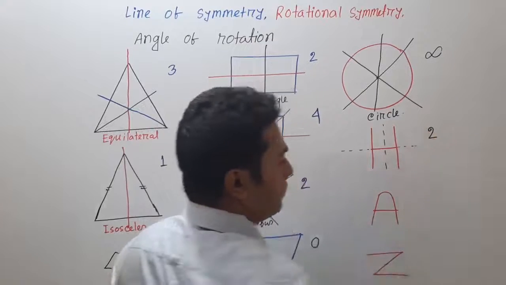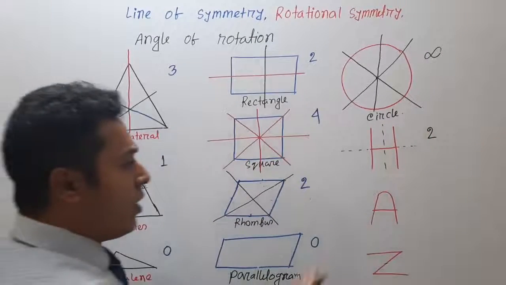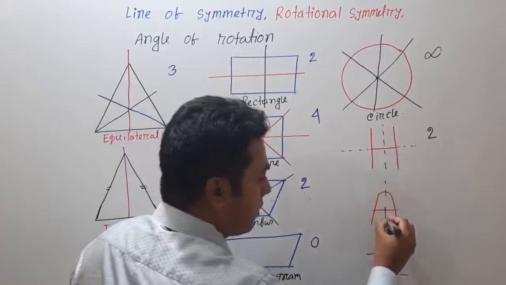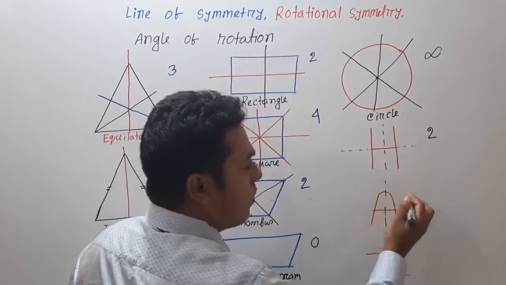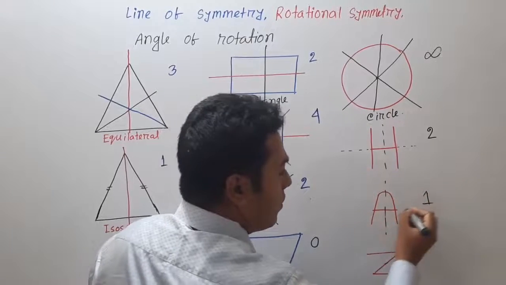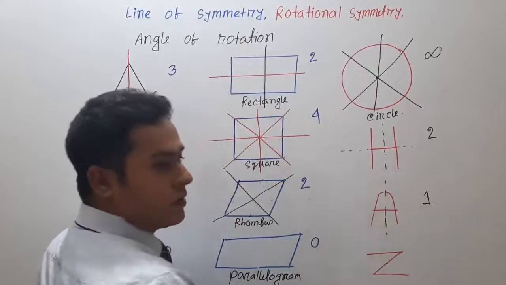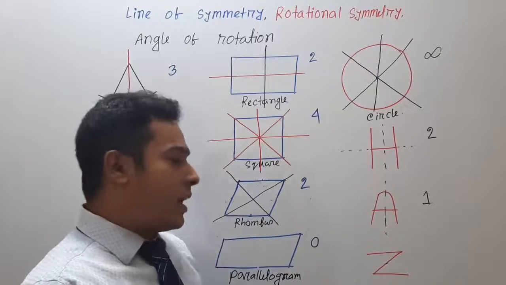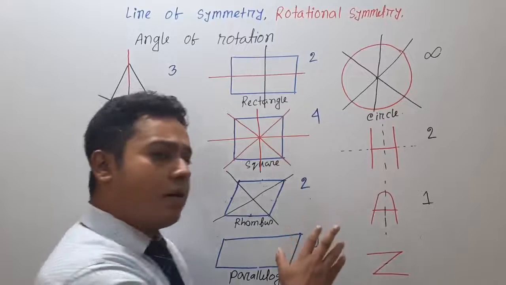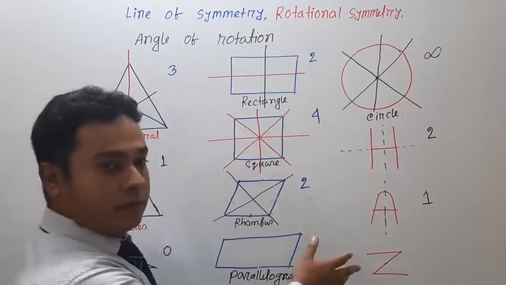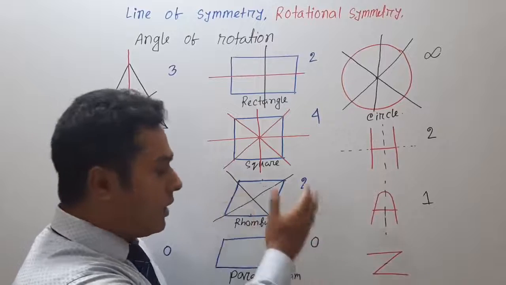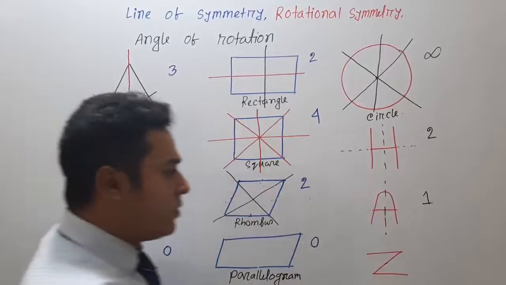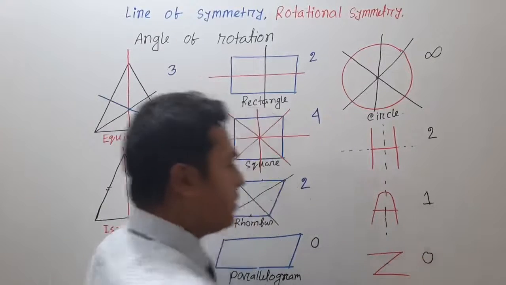Okay, for alphabet A, according to this way it has one line of symmetry, but no other line of symmetry exists. And for Z, with respect to any line, it has no symmetry, so its line of symmetry is 0.